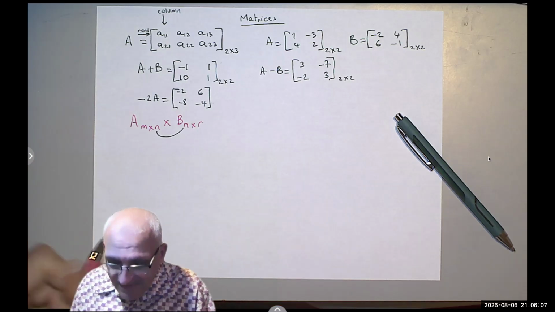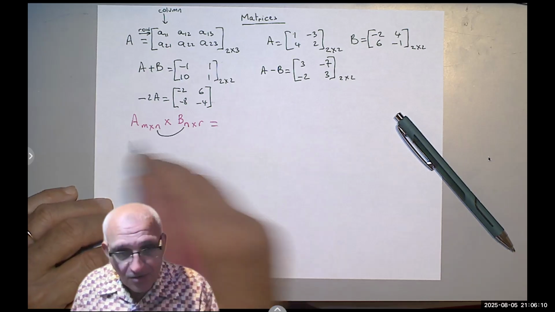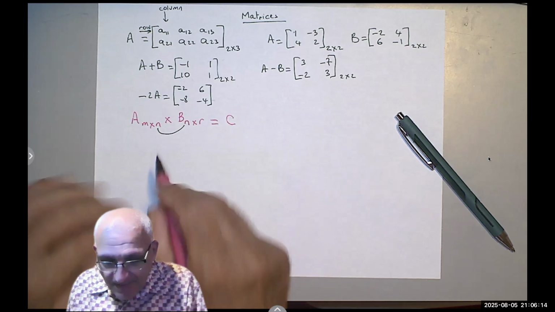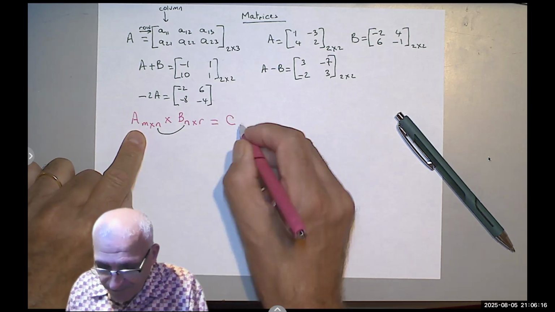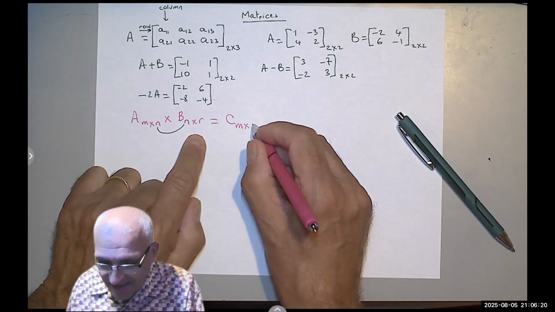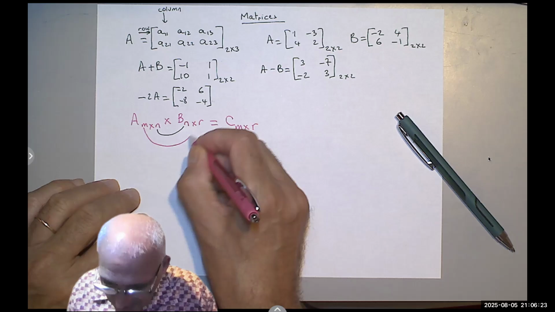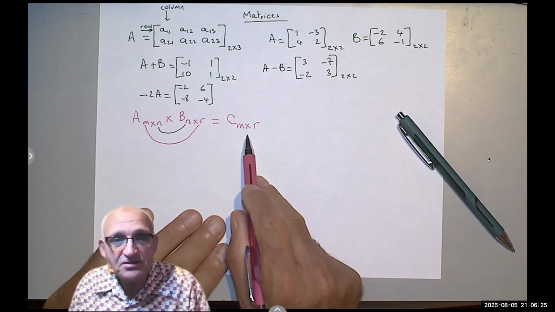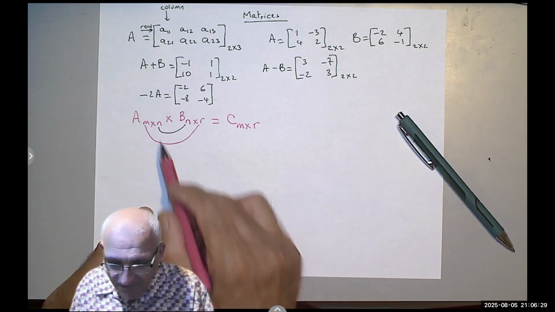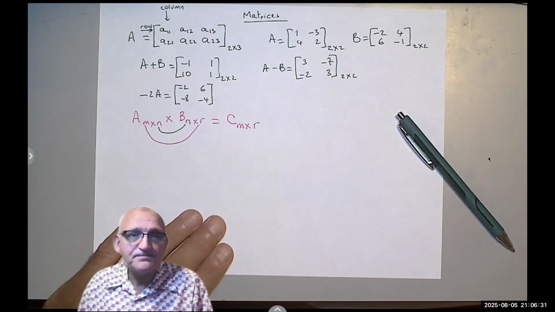Okay? So if this matrix is C, meaning the product, I'm going to call it C, C would have as many rows as the first and as many columns as the second. So the outer numbers give me the new dimension, or the new size, only if the inner numbers match.